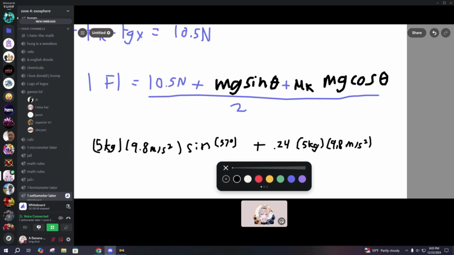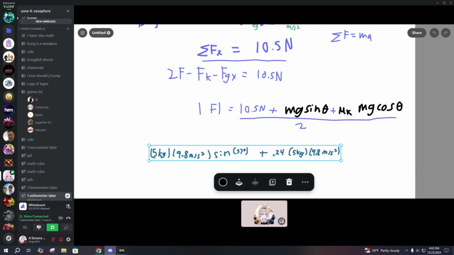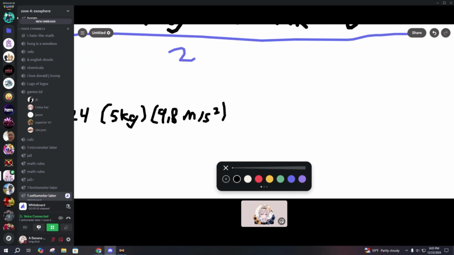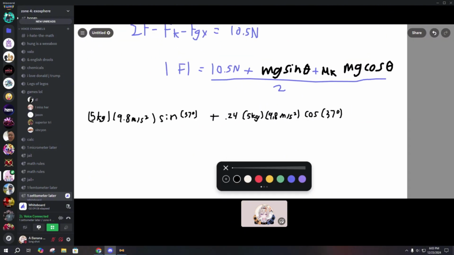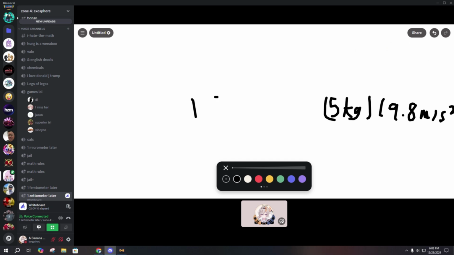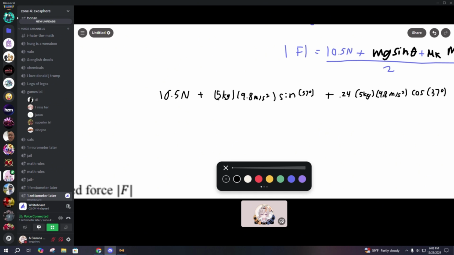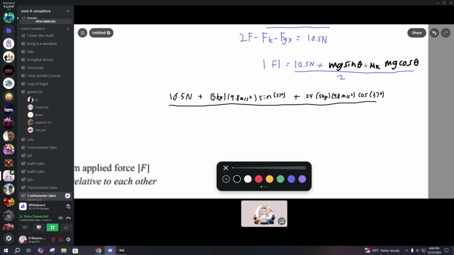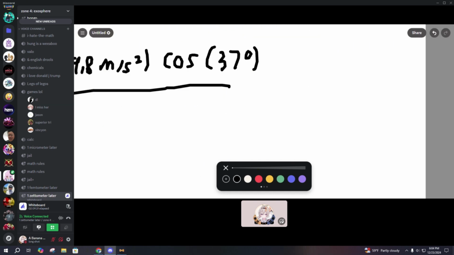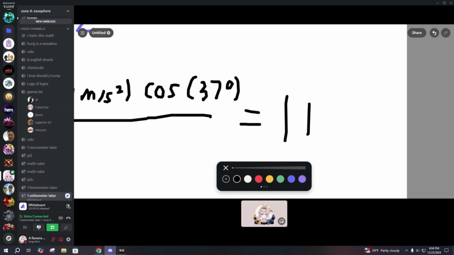Then times cosine theta. Well, what's theta? 37 degrees. And all of this, I need to add that 10.5 at the start. It's all going to just be over 2. And that's going to give me my magnitude of the applied force.